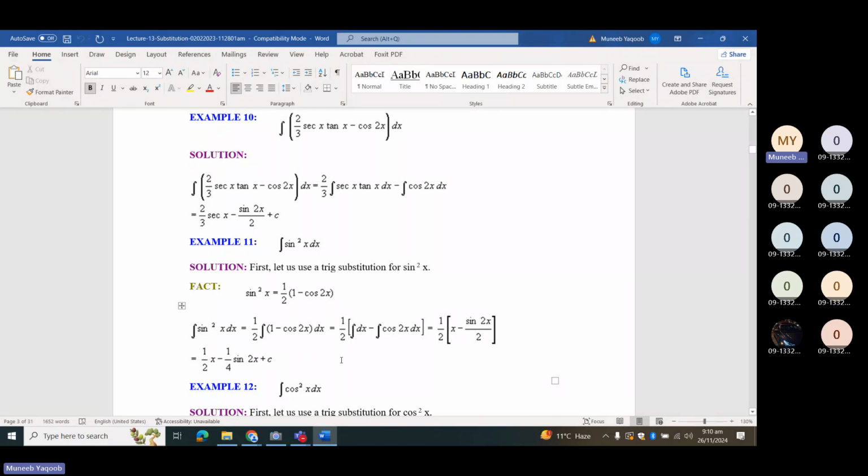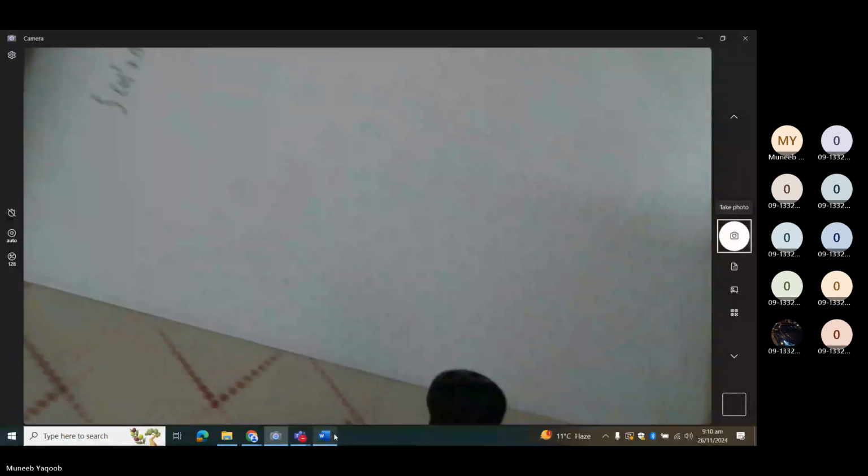Now coming to example number 12, where we are to integrate cos square x dx.